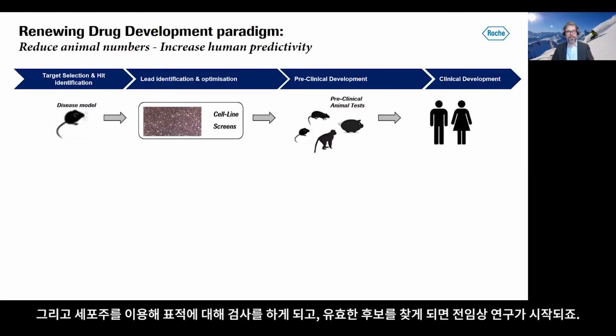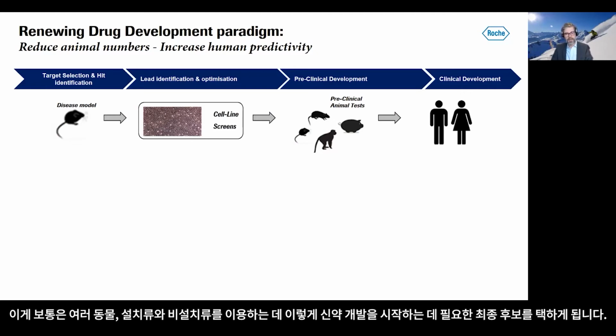You then start screening on your target using cell lines. Once you have identified a valid candidate, preclinical development starts, which is typically very animal heavy, using different types of animals, a rodent and a non-rodent species, to enable your final candidate to enter clinical development.